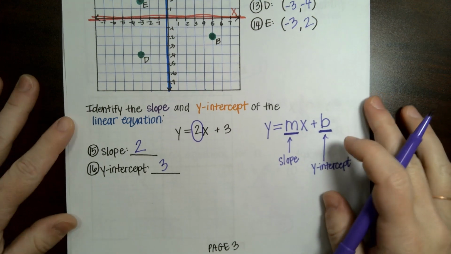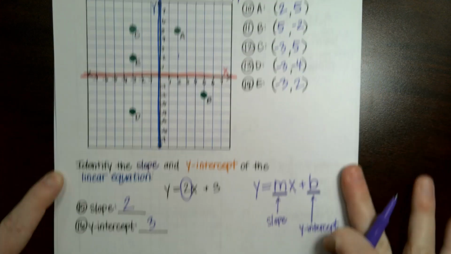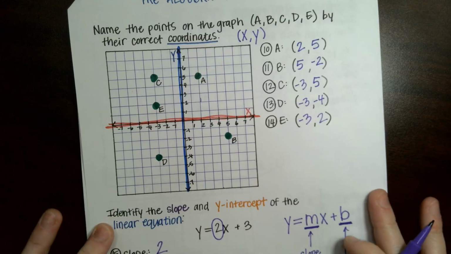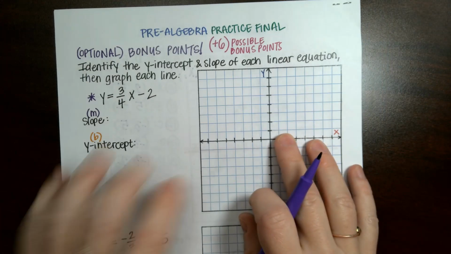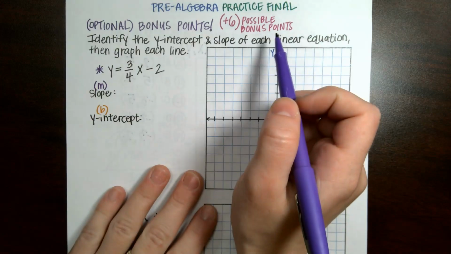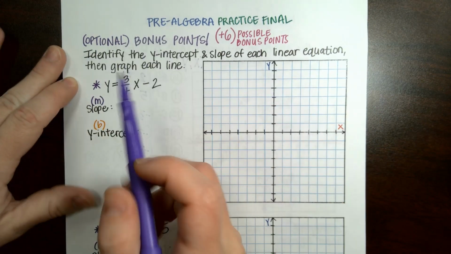Before we go over the bonus questions, do we have any questions or concerns on this page that we just did? No? Okay. Let's do the back. For your bonus page, you have up to 6 possible bonus points you can earn here, okay? Here's where those points come from.